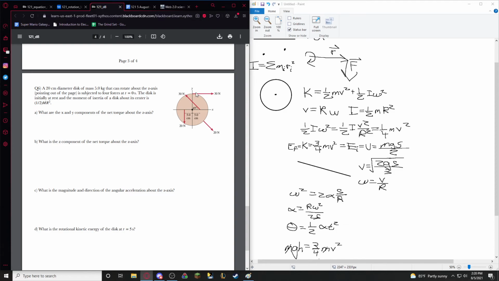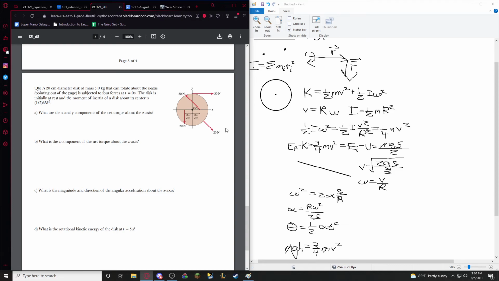Clockwise, which means the torque is in what direction? Inwards? Exactly, into the page. What about the bottom left 20 Newton force? The 20 force is acting counterclockwise, so it would be out of the page. So both the top 30 and the bottom left 20 Newton force have only z-axis components of the torque. There's no x and y components.